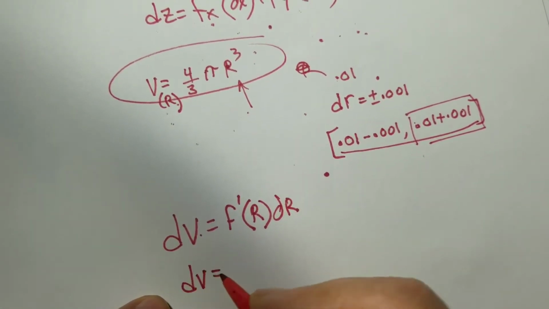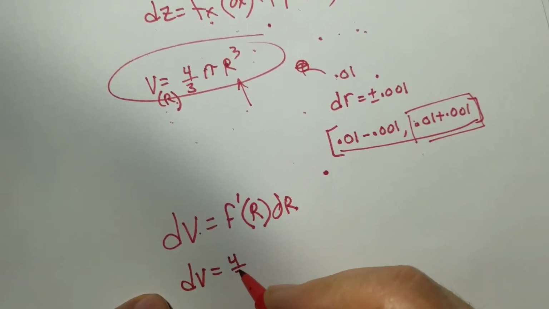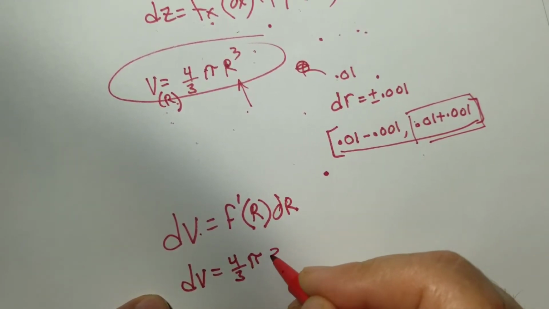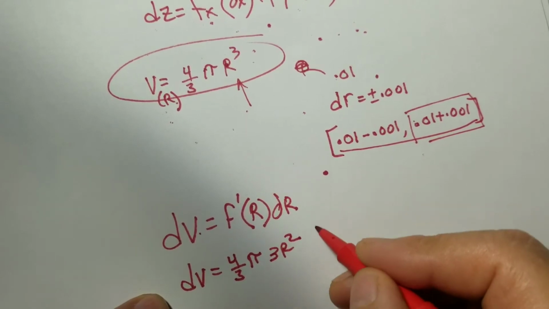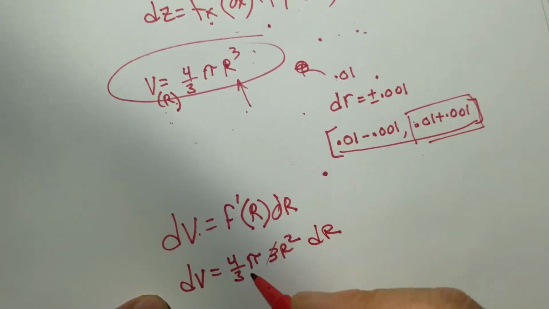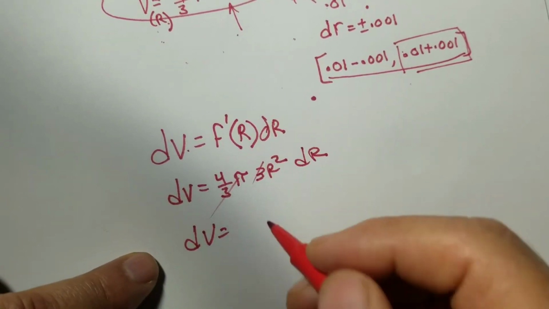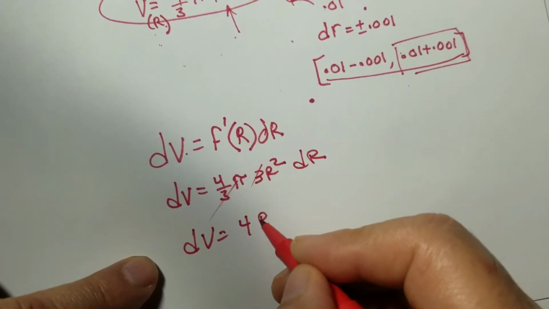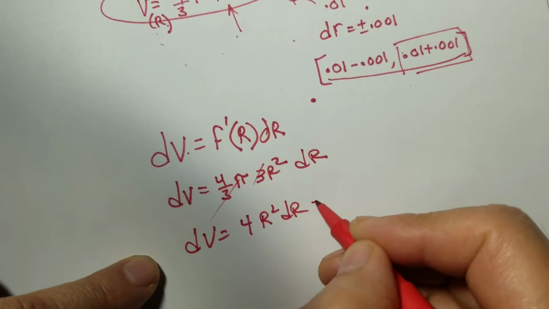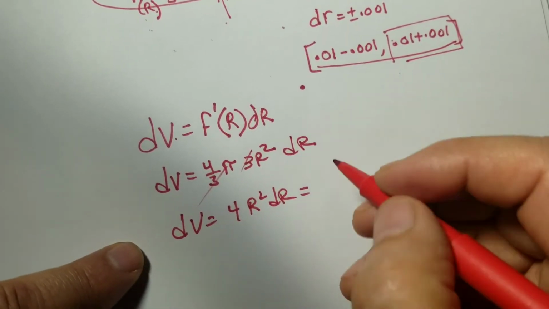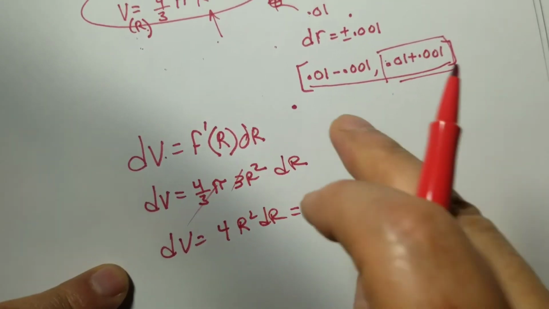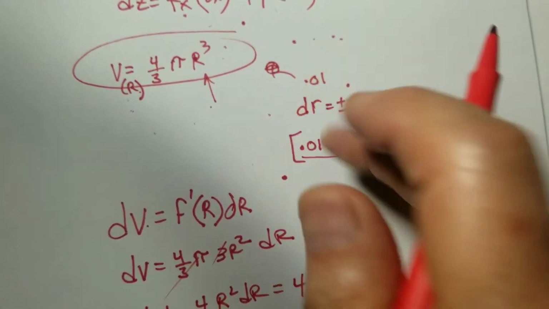Therefore, your change is 4/3 pi times 3r squared times dr. That 3 and 3 are gone. Then what is the change in my volume? It is 4 pi r squared dr.